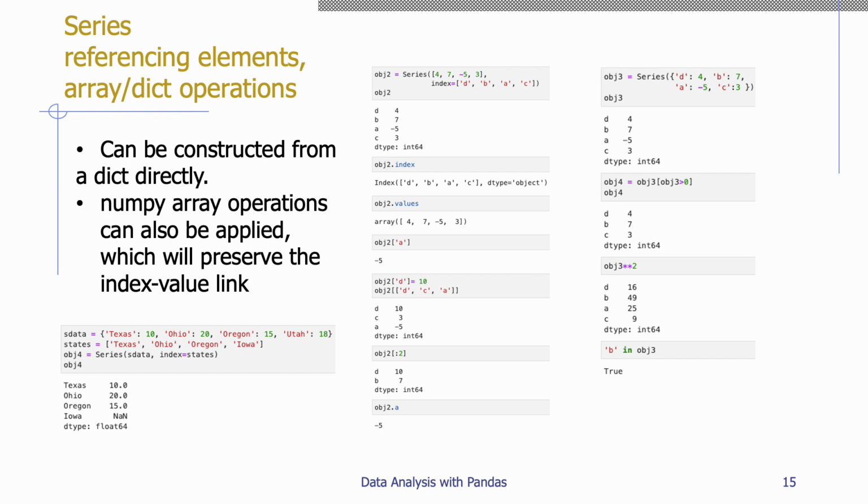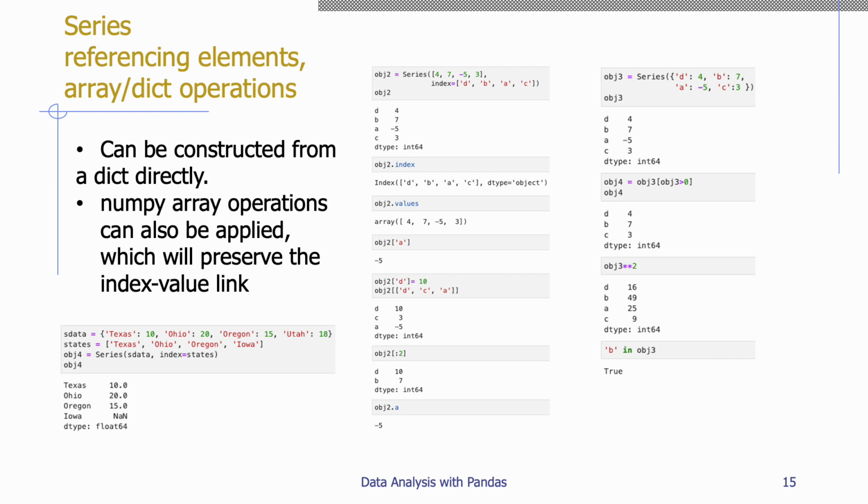If you move to the next section in the middle, you will create another object, obj2, and the series can take the index parameter again. Let's assign the index values d, b, a, c, and then when we print, you will see the indexes and the corresponding values and the data type, which is int64.